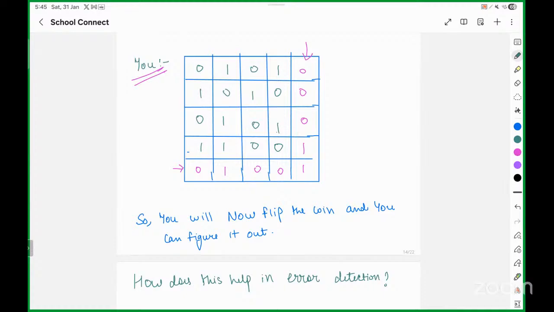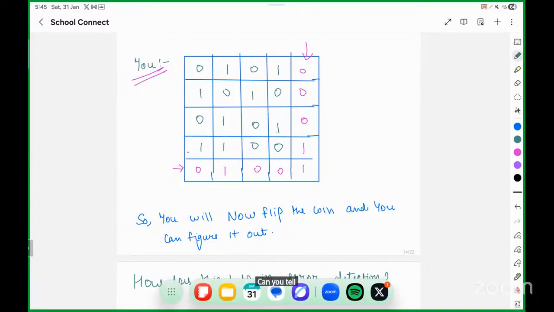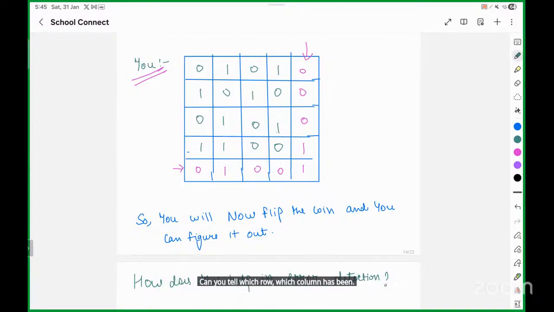Okay. Now I want to determine which cell has been flipped. Can you tell which row and which column has been flipped in this scenario?